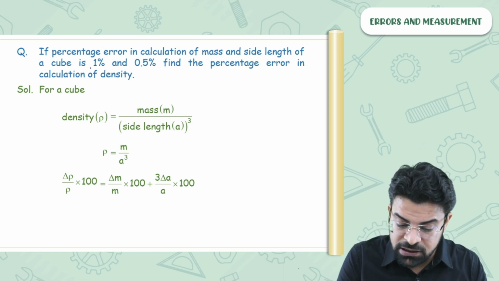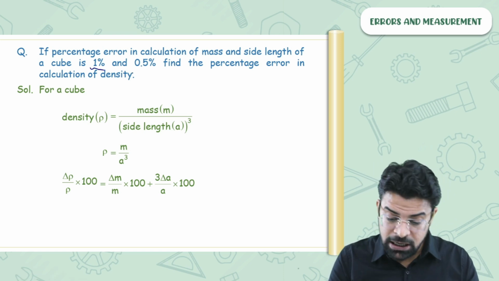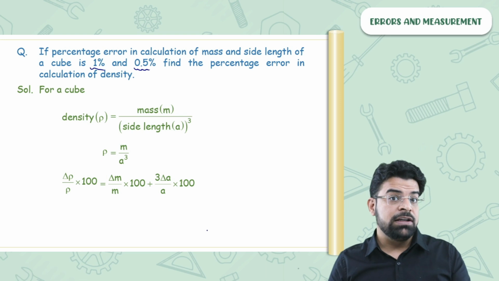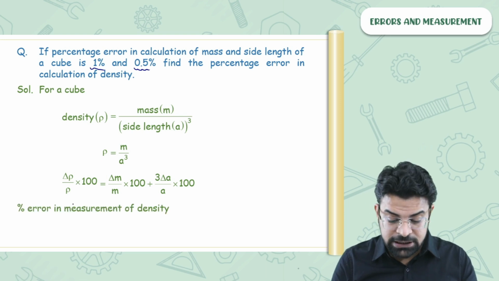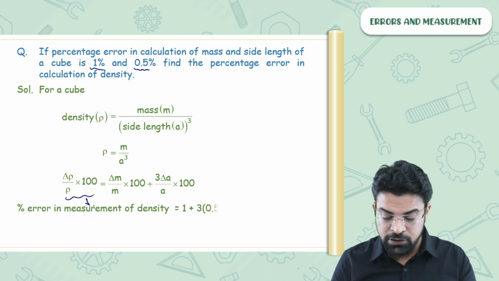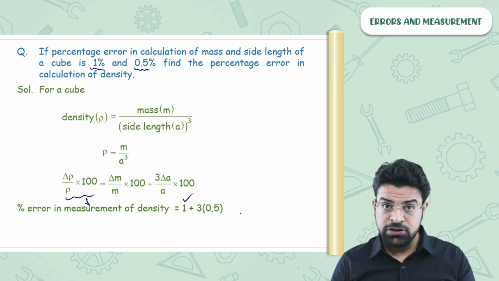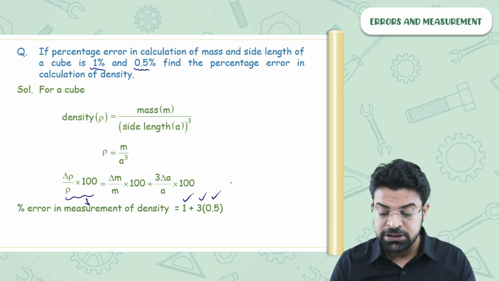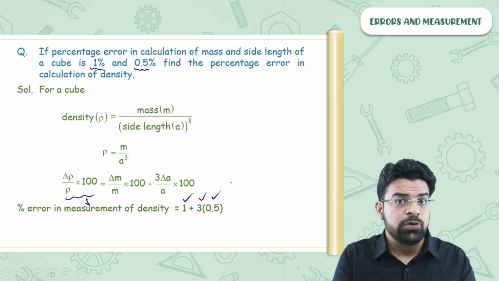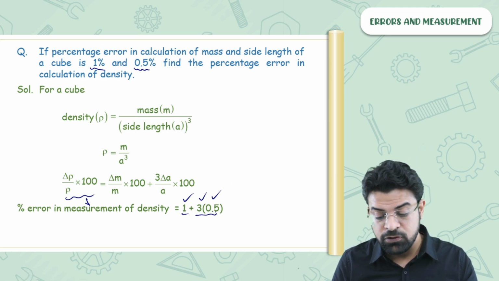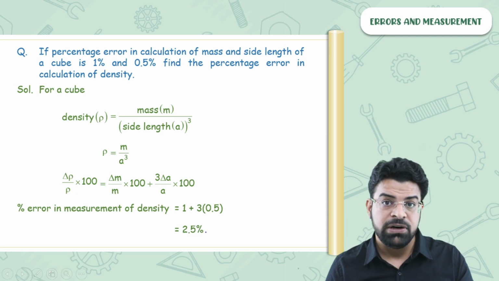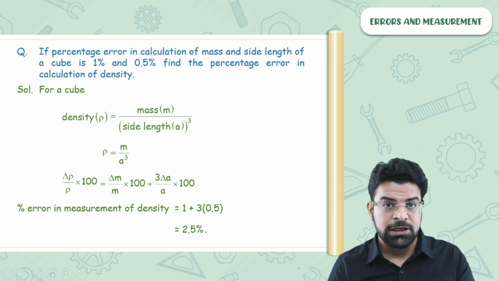The percentage error in mass is 1% and in side length is 0.5%. So you get 1 plus 3 times 0.5. So 1 plus 1.5 becomes 2.5 percentage error. Let's practice the next example.